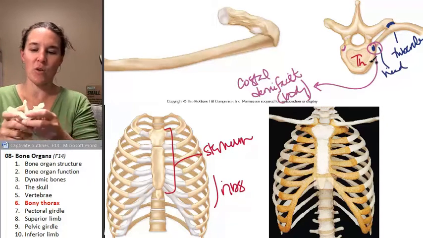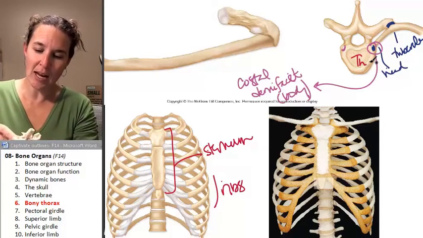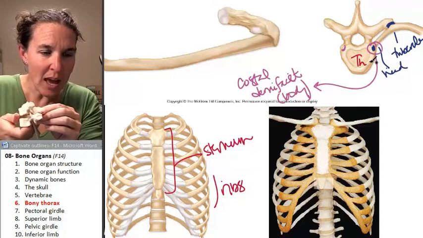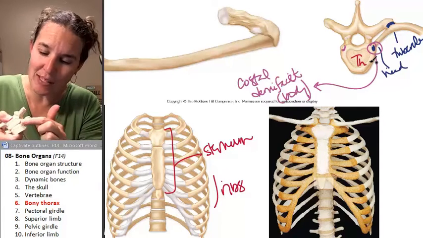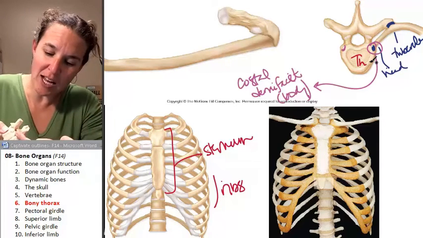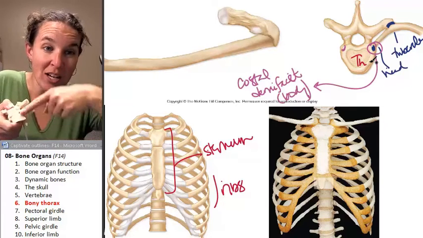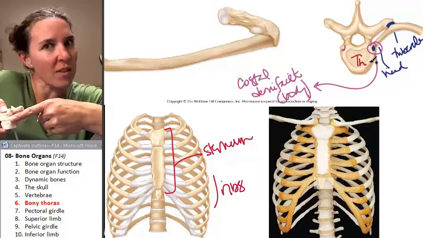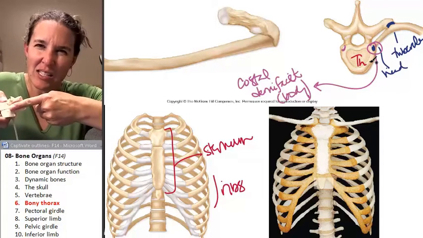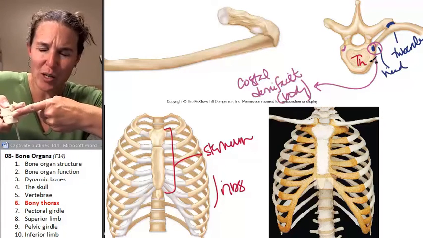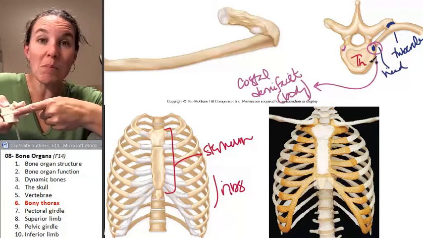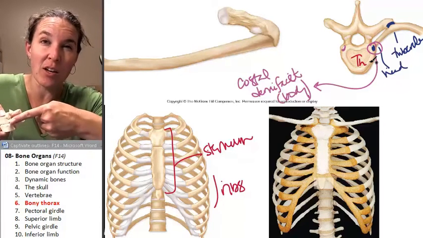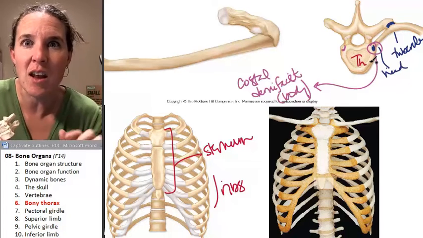If we were to attach a rib right here, the head of the rib would attach between the two, a little bit on the inferior surface of the top vertebra and a little bit on the superior surface of the bottom vertebra. Did you follow that? Because one rib articulation attaches half to each vertebra, it's called a demifacet, a half a facet.